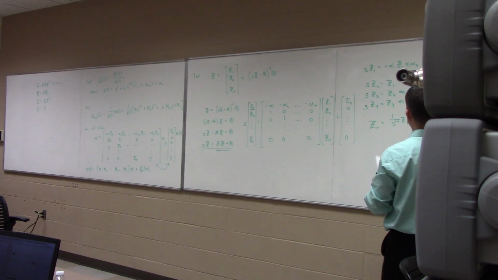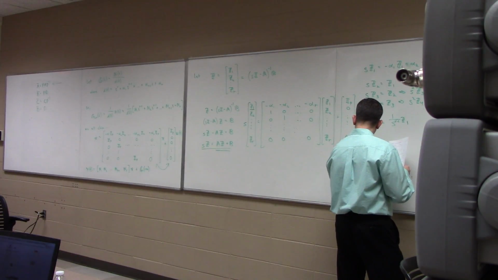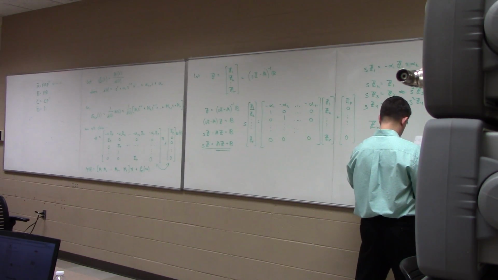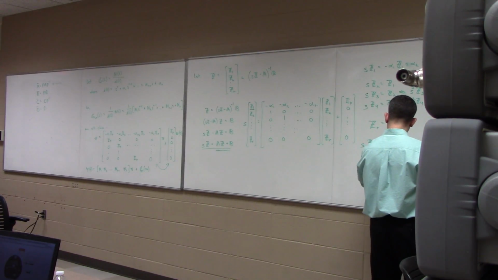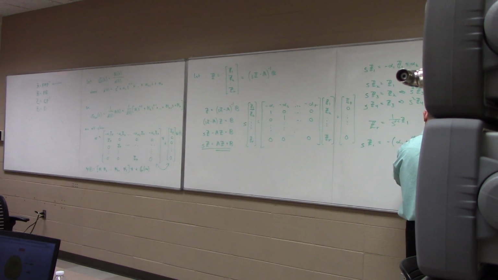Okay, so I can replace all of my z's with this function, and we can get, okay, so now I've just rewritten this equation, knowing what I know now about the relationship between each of these matrix parts, and now we've got z1 in terms of z1.